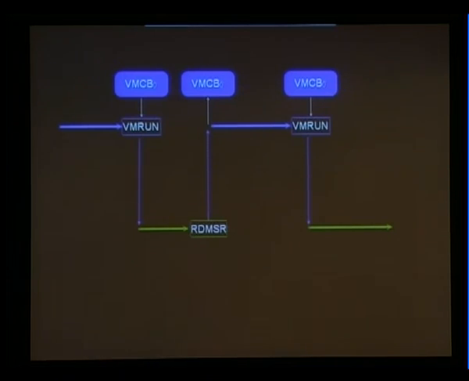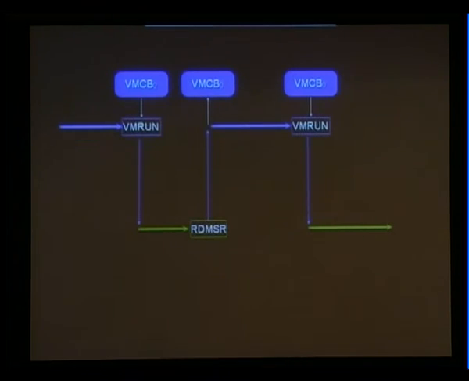And this control block stores the state of the guest which should be virtualized. So when the CPU encounters the VMrun instruction, it stops the execution of the hypervisor and begins the execution of the guest until it meets some VM exit. Let's say we have to intercept the RDMSR instruction.